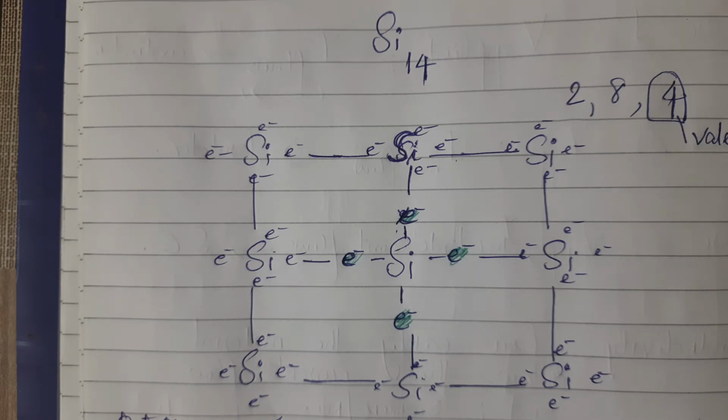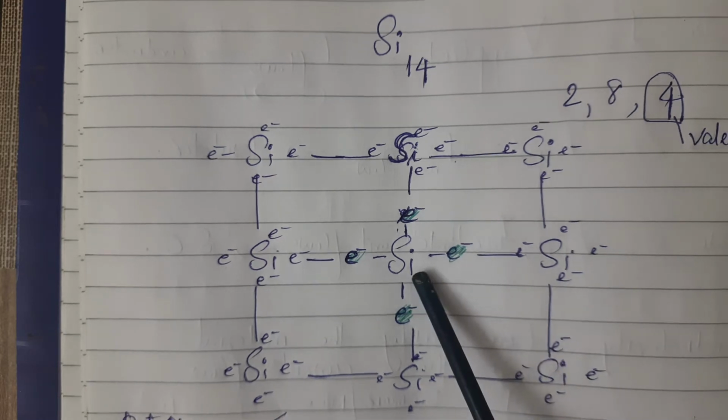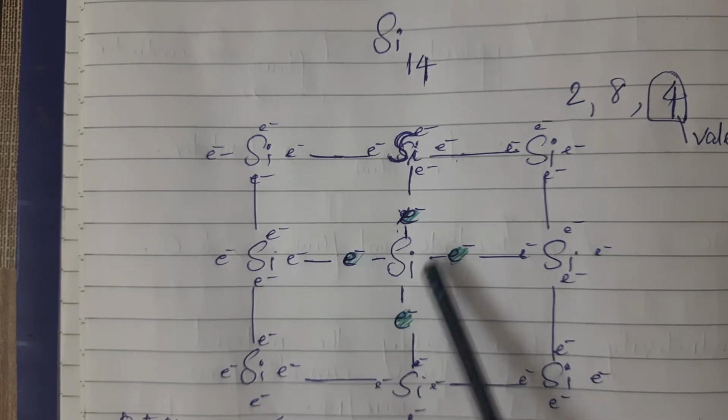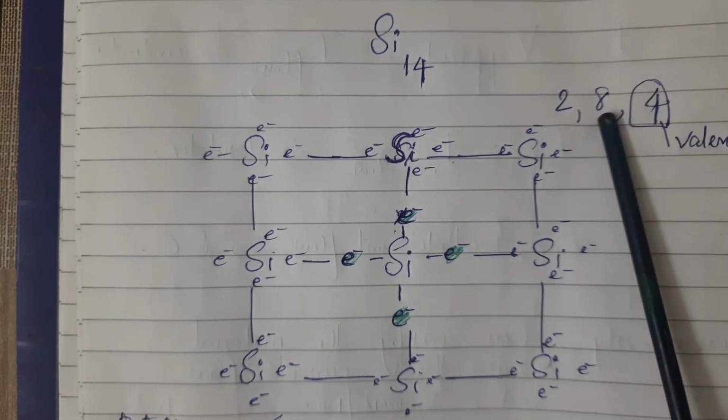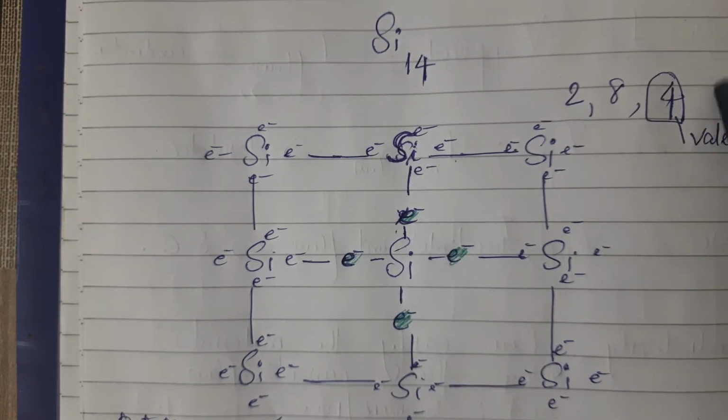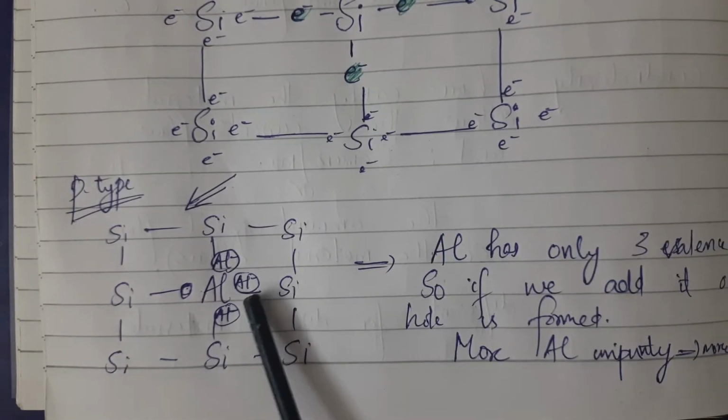If I add impurity from the 13th group, you all know boron, aluminum, gallium, indium, thallium make up the 13th group. So suppose I am replacing the silicon and adding an aluminum here. You all know the 13th group valence electrons will be 2, 8 and 3, only 3 electrons here.